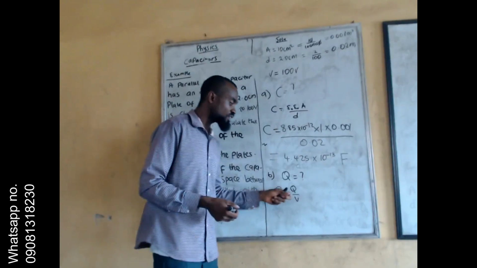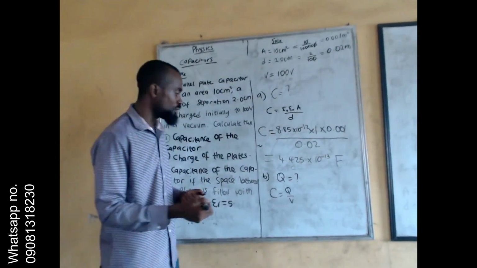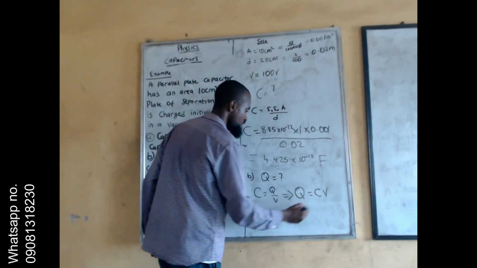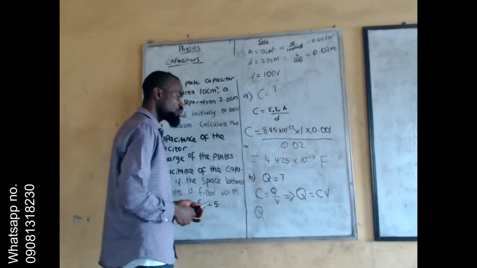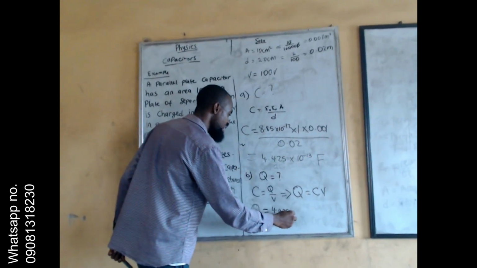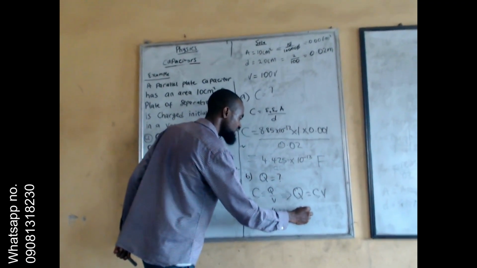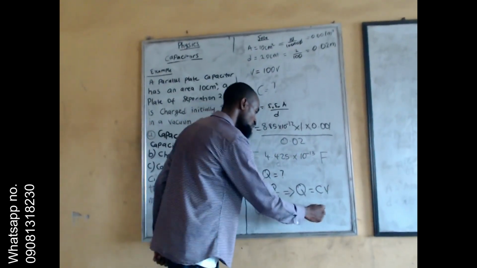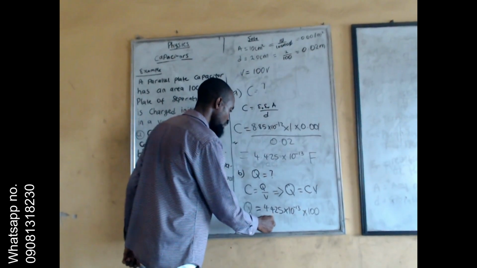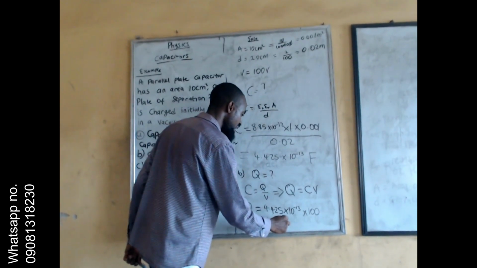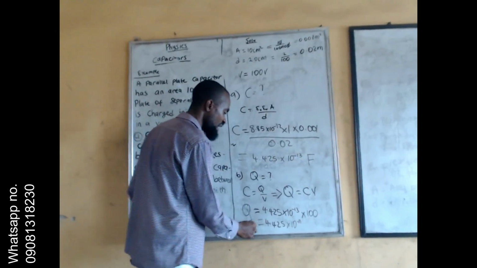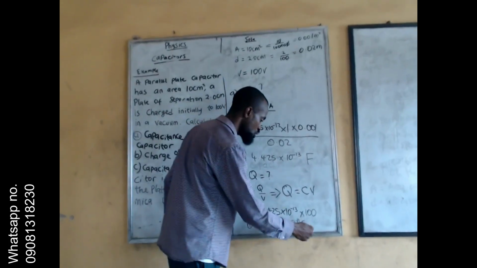We just make Q the subject of the formula, so Q is equal to CV. Q is 4.425 times 10 raised to the power minus 13 times 100 volts, which is 4.425 times 10 raised to the power minus 11. The unit for charge is coulombs.